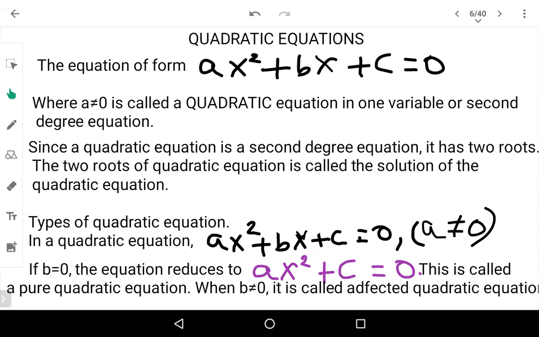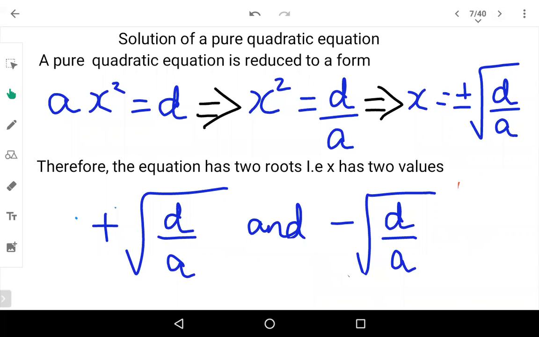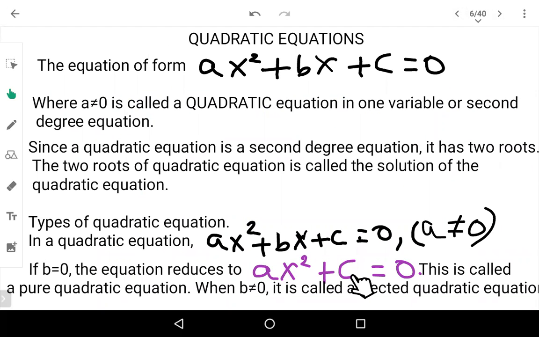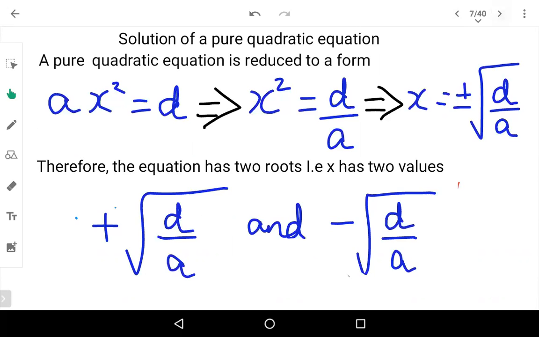Now moving on, we are supposed to understand the solution of pure quadratic equation. If you see the form here, ax square plus c is equal to 0. The similar form is taken, but in ax square there is no constant c, and that constant is put to the other side, calling it d.